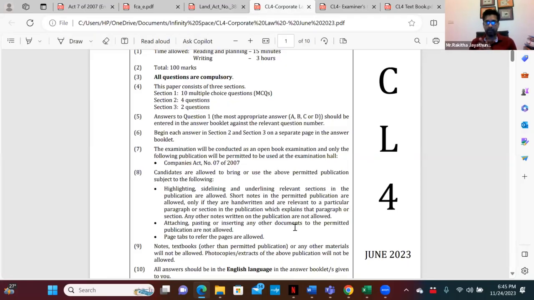I know this is an odd paper. You are familiar with calculations and financial or accounting related topics, but unfortunately, like it or not, it is part of your syllabus. And at the same time, I must tell you, it's there for a good reason, because even if you decide to become a company secretary, you may have your own company secretarial arm, even though you intend to run your audit firm.